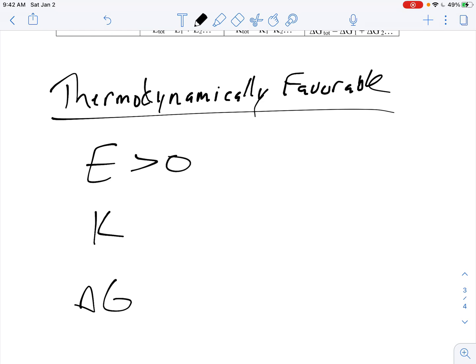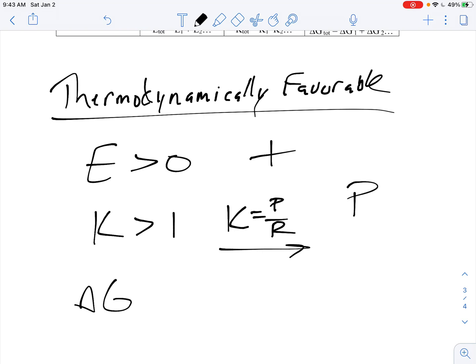So if it's going to be thermodynamically favorable, then what we need is a voltage that is greater than 0, or a positive value. So just a reminder that batteries actually go when they have positive voltages, right? What do we know about product-favored reactions for K? Well, we know that they are greater than 1, because remember that K is the products over the reactants.